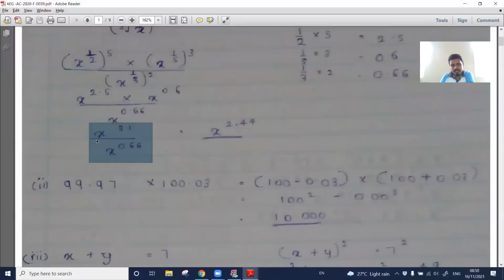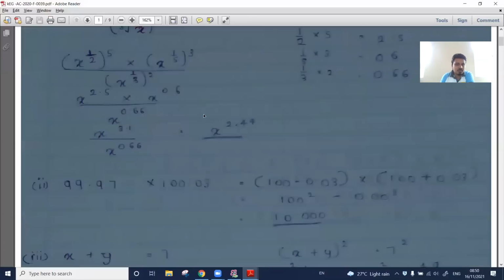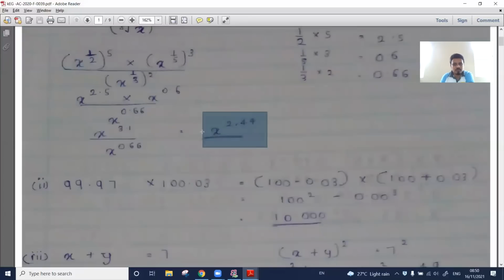So we should be able to deduct these power values. 3.1 minus 0.66. The final answer should be x to the power 2.44. Right? X to the power 2.44.